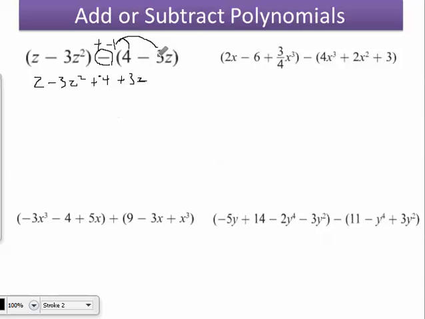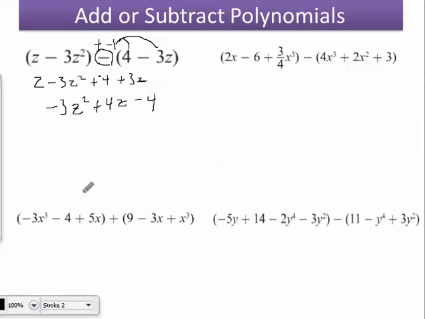Because that's negative 3z times negative 1 gives me a plus 3z. So then writing it in standard form would be a minus 3z squared. I'm going to put that on there. And then I've got plus 4z minus 4.